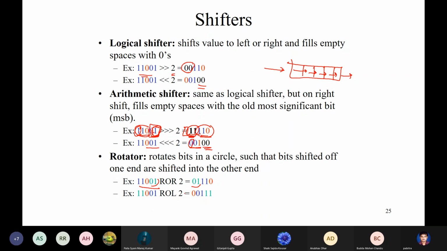By the way, one simple thing before that: the serial in, serial out shift register is pretty simple. All you need to do is have your flip-flops, maybe D flip-flops, and cascade them with a common clock.